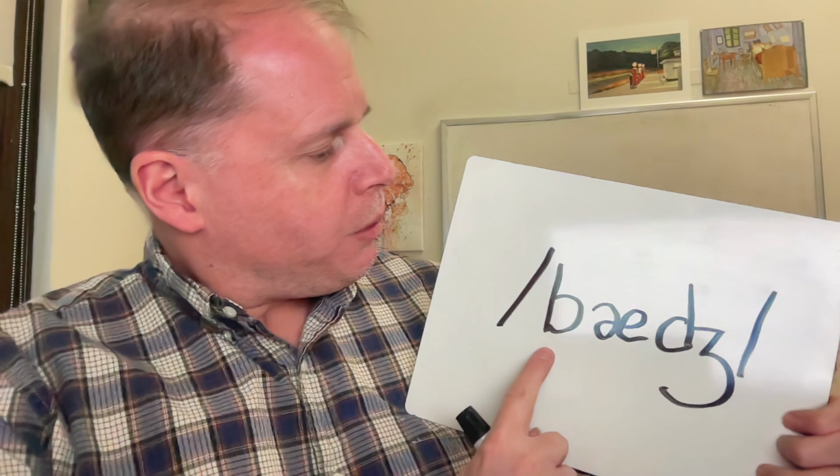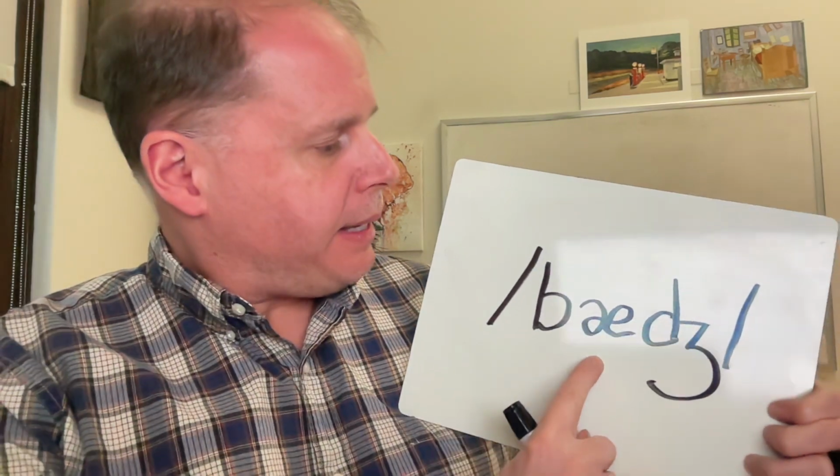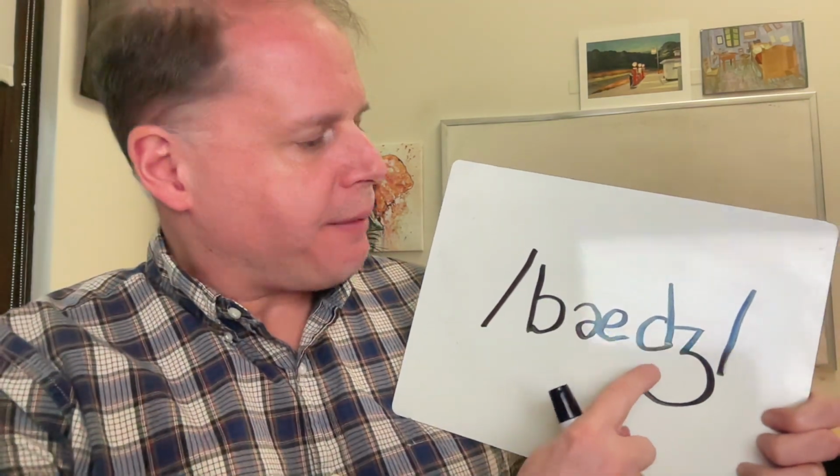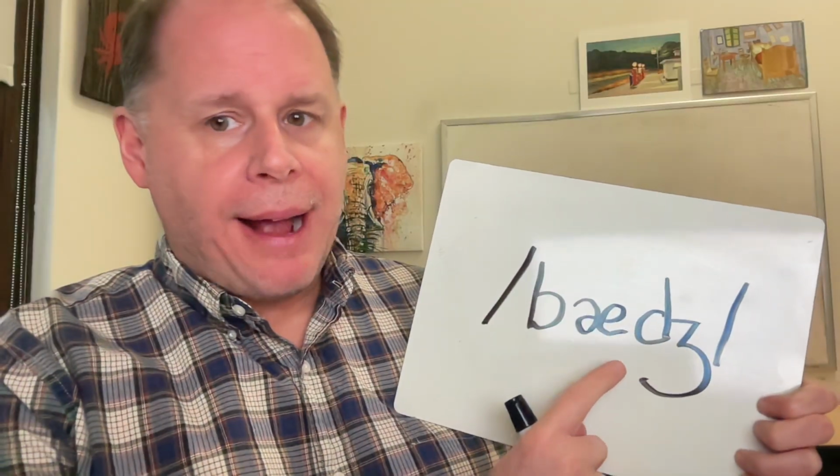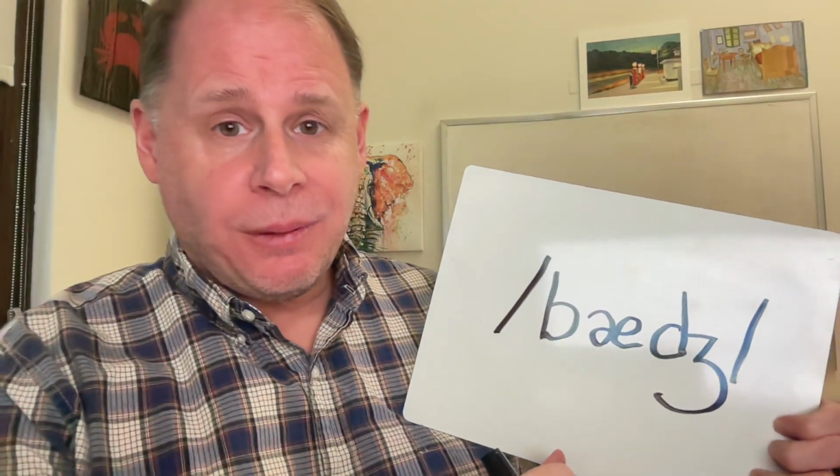Okay, we have lowercase b, the ash symbol, and the affricate j. Again, for affricates, make sure they're connected. One symbol.